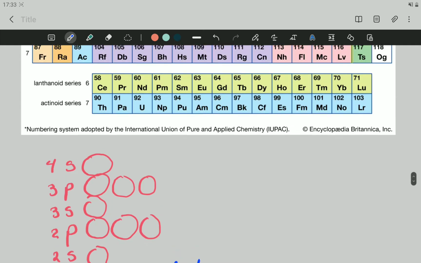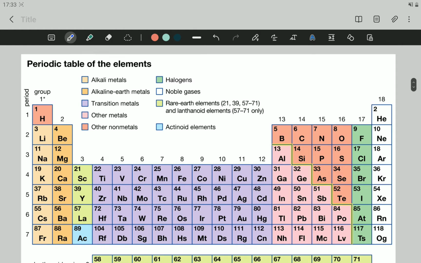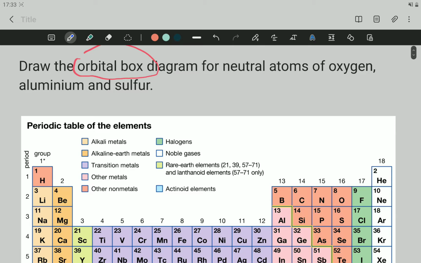So let's see the example. The question starts with oxygen, a neutral atom. What does neutral mean? It means that the number of electrons is equal to the number of protons.